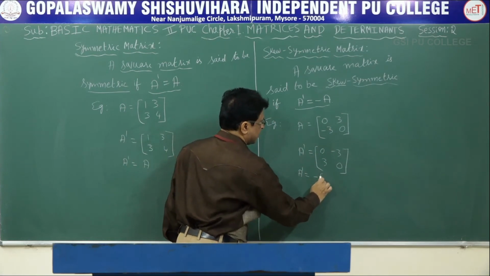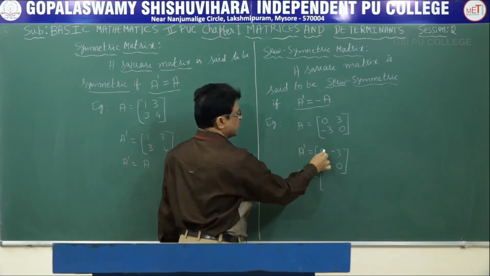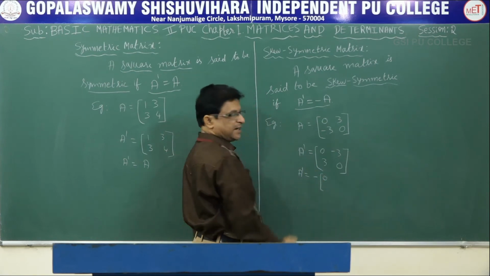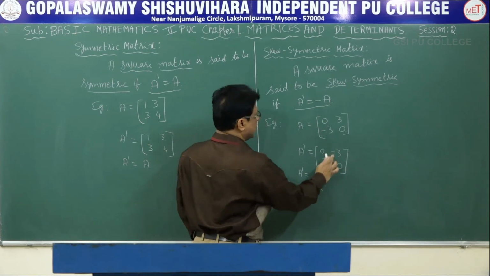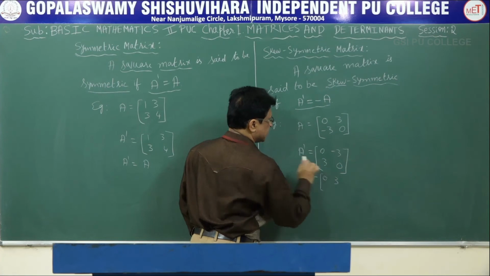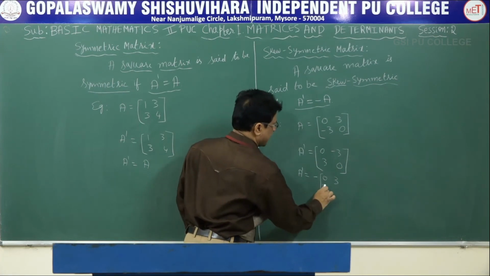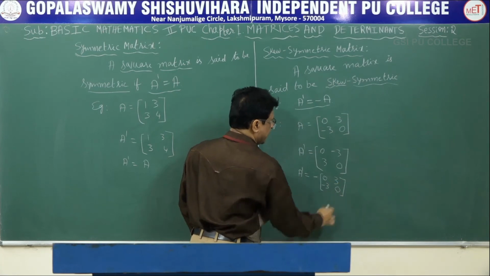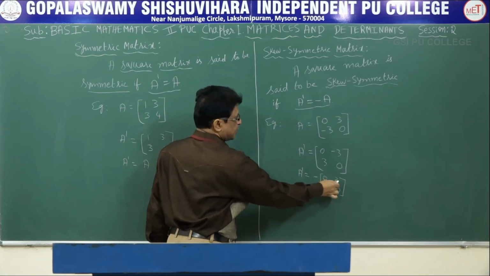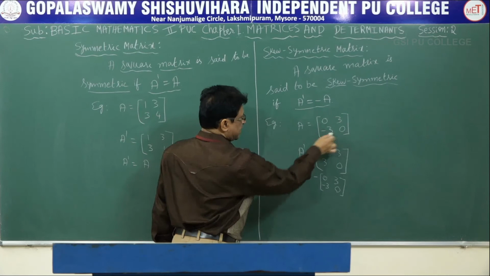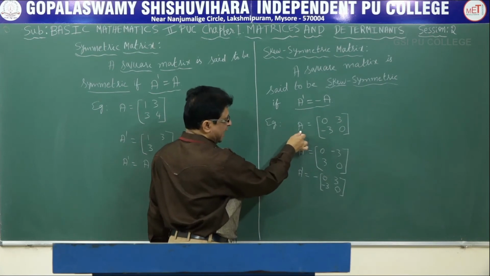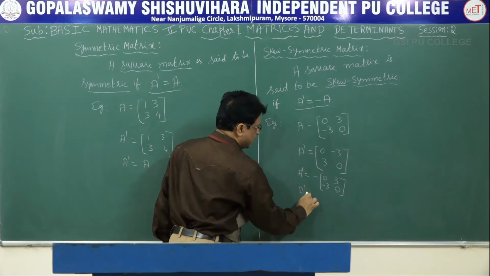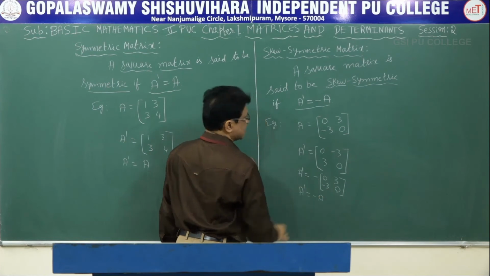So 0 is present, so there is no sign for 0, we write as it is 0. Minus 3 is there, we write 3. 3 is there, we write minus 3. 0, we write 0. If you observe here, 0, 3, minus 3, 0 is nothing but the matrix A. So A dash will be equal to minus A.